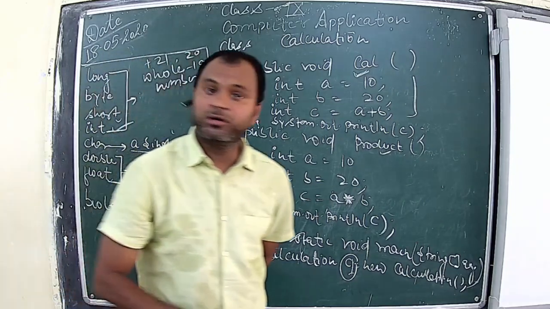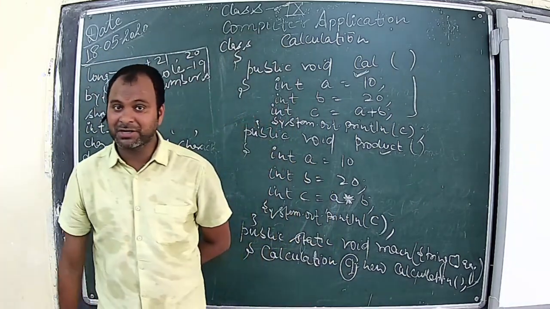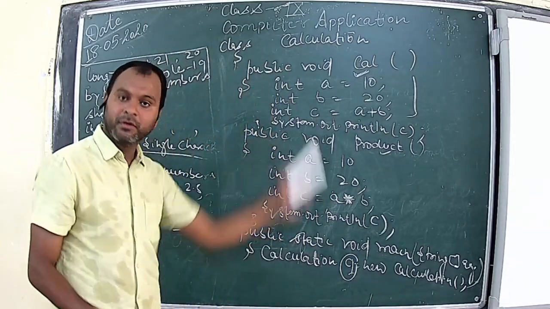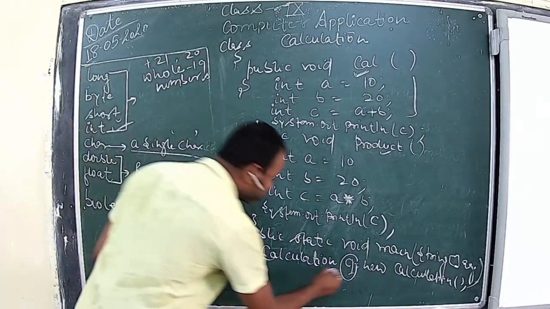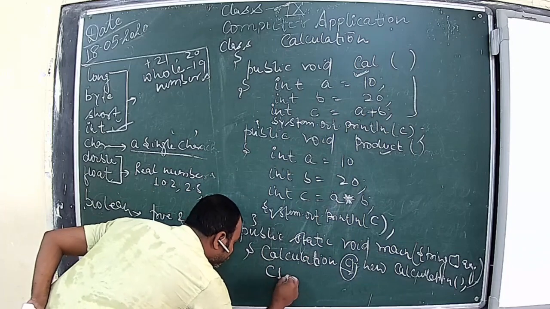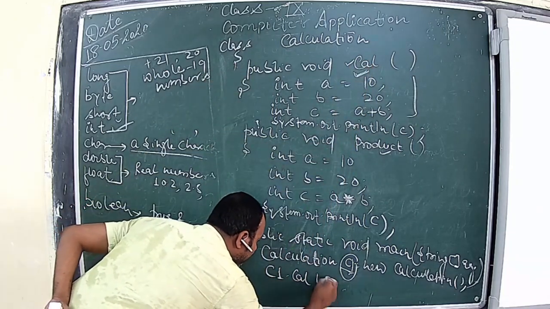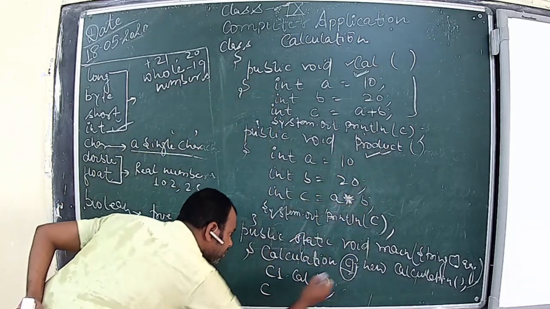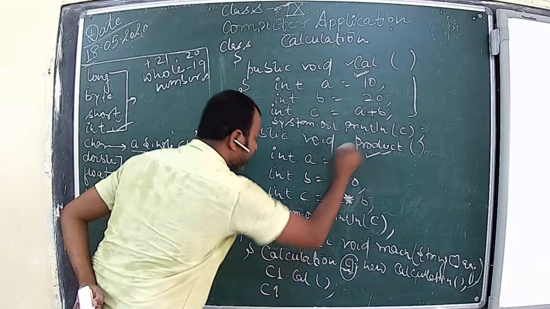You called it with the help of objects. First of all, you created an object of that class, and then you called the functions available in that class. So if I want to call the functions, I can write here C1 dot, the first function name is add. The second method name is product. So the same object name I will call, C1.product.